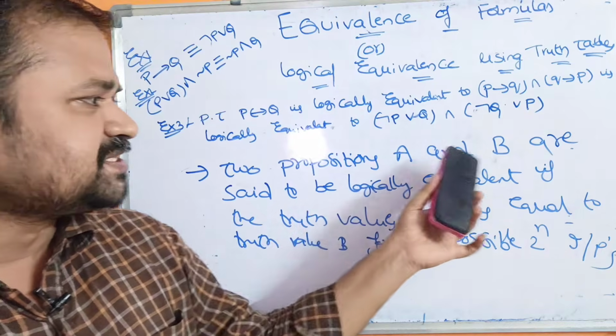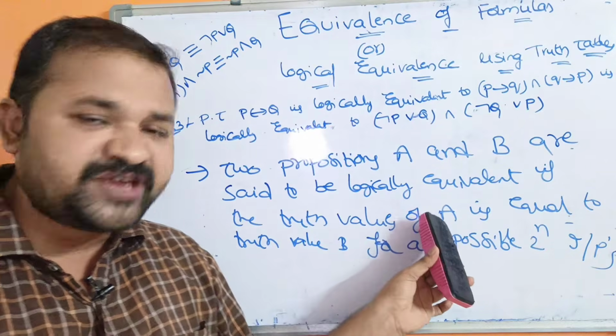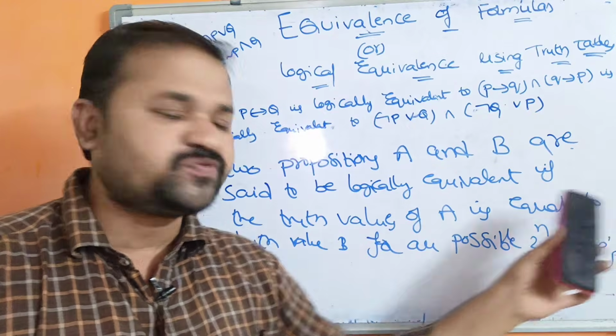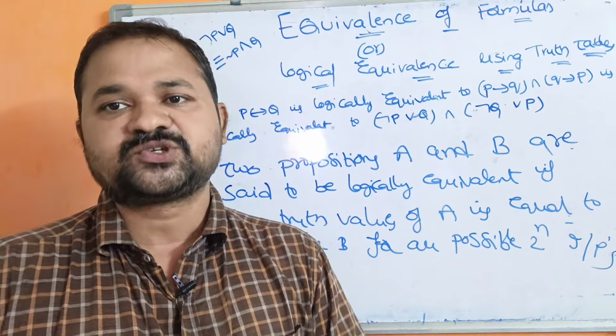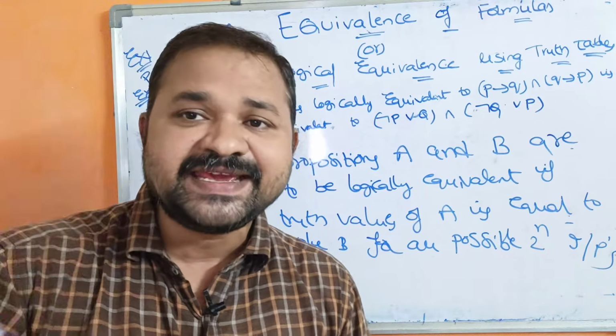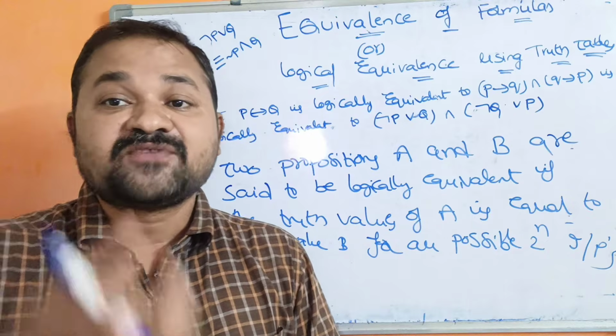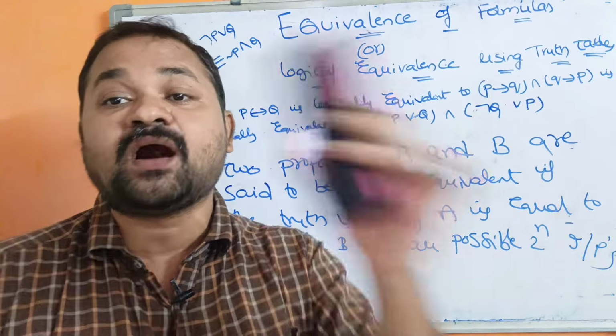So two propositions A and B are logically equivalent if the final columns in the truth tables of A and B are equivalent.